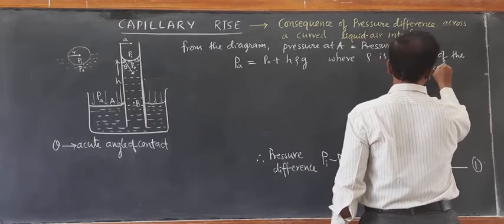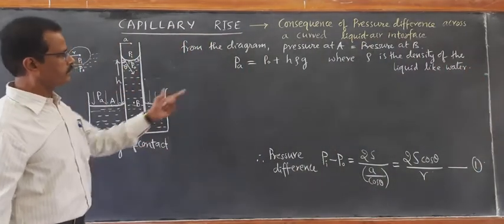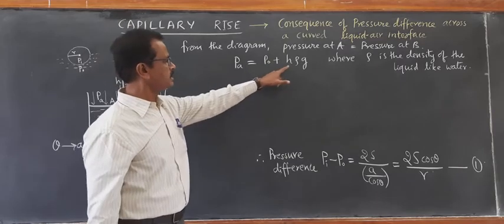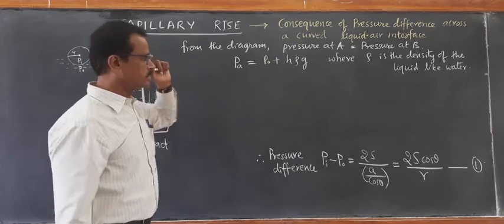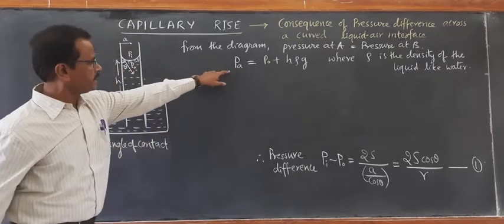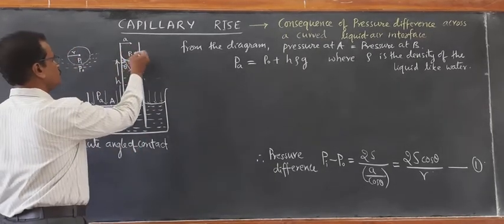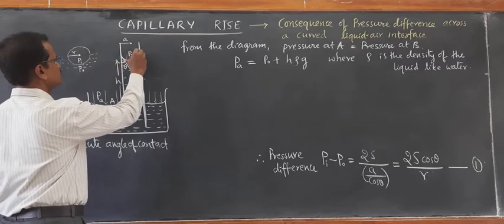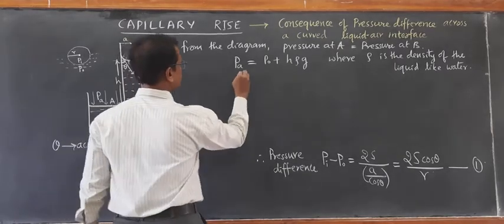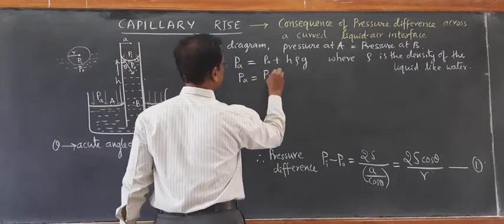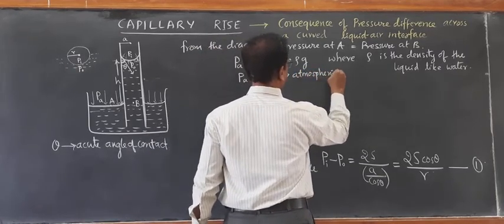Water is the example that we have taken. Therefore, rho becomes the density of water and h is the capillary height. Now we can calculate the capillary height. Pa is nothing but atmospheric pressure, which is also equal to Pi, because this is also exposed to the atmosphere. So the pressure exerted on the concave surface is nothing but atmospheric pressure.